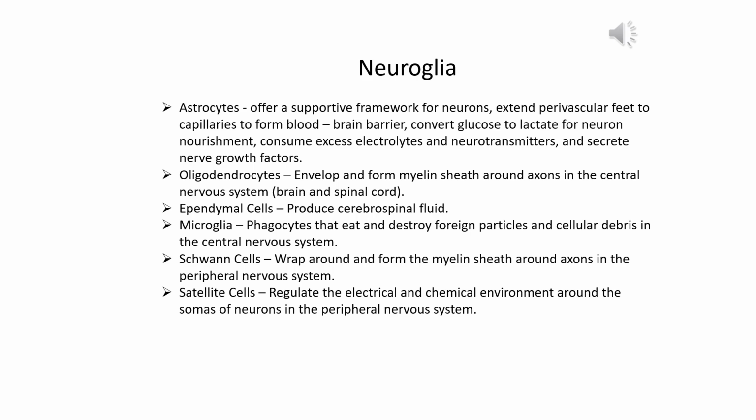So down to the last two, the Schwann cells. These are the myelin makers in the peripheral nervous system. So what is the peripheral nervous system? Well, it's anything that isn't central. Well, what is central? The brain and the spinal cord is the central nervous system.